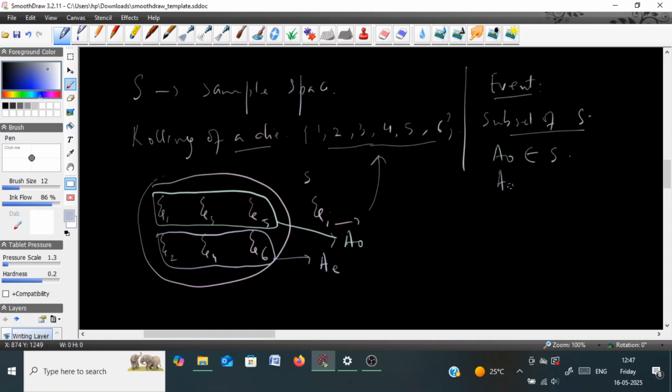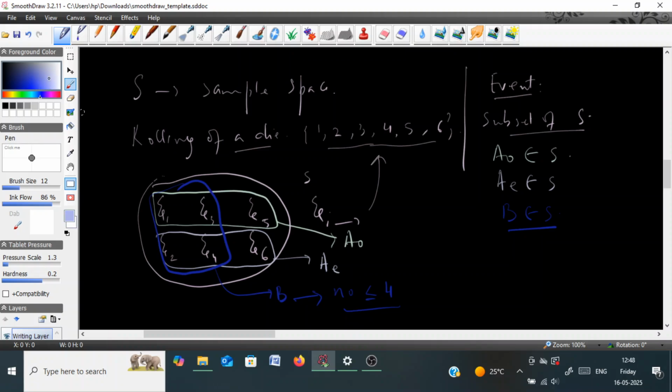Again A is a subset of S. Or I can define an event, suppose B, where the outcome of the experiment is a number which is less than or equal to 4. Again B is a subset of the sample space.